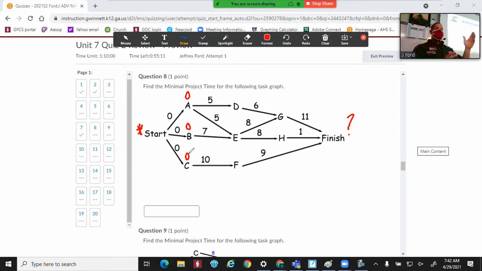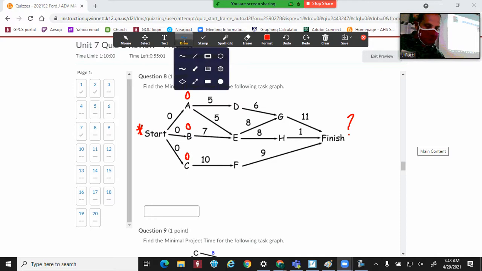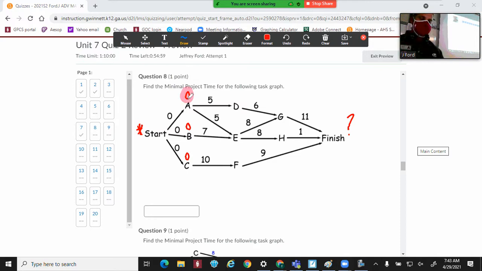Three things are happening at once. Now let's look at D. Notice there's one arrow going straight to D. Here's the relationship: whatever number is on the task pointing to it, plus the number on the arrow, add them together, and D would have a start time of 5.